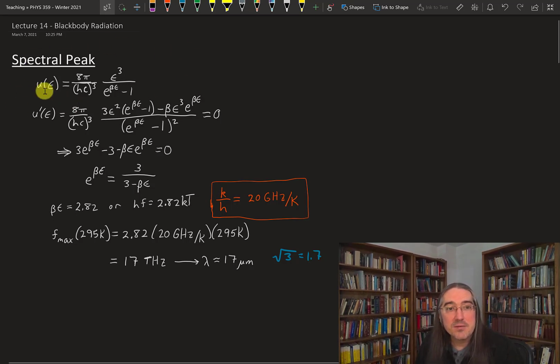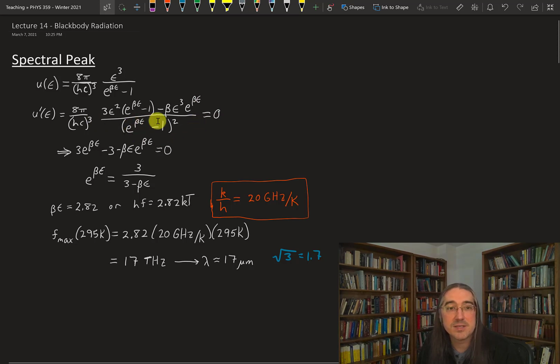Okay, so let's move on. We want to know the peak of this spectrum: energy density per unit energy, or power radiated per unit energy, as we'll see later. You know how to find the peak. Just take the derivative, set it equal to 0. The constants sit out front and don't do anything. We get derivative of the top times the bottom minus derivative of the bottom times the top.